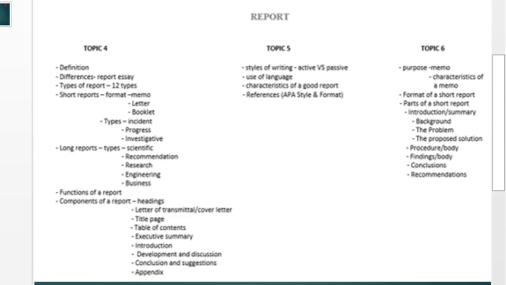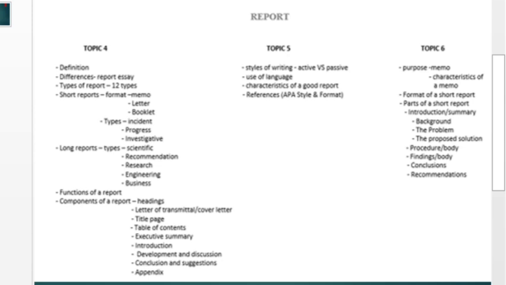And then ending topic 4 is looking at the components of a report, because generally when writing a report you need to know what are the things that you need to prepare, such as the headings, such as the letter of transmittal or cover letter. This one is optional.